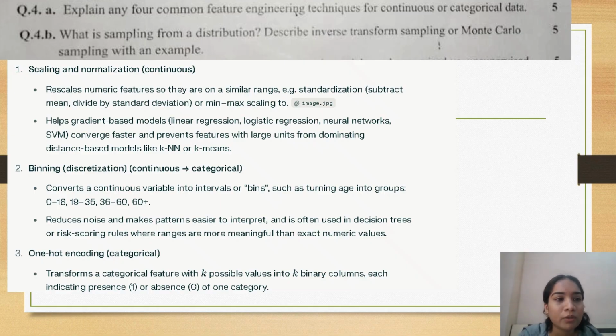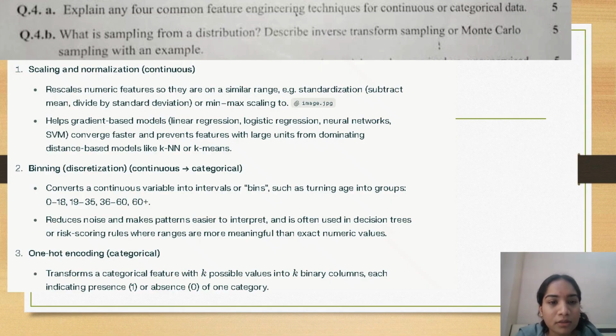First is scaling and normalization. It adjusts numerical data to a common scale. Example, 0 to 1 or mean 0, standard deviation 1. It helps algorithms like KNN or SVM converge faster. And example, height in centimeters scaled between 0 and 1.